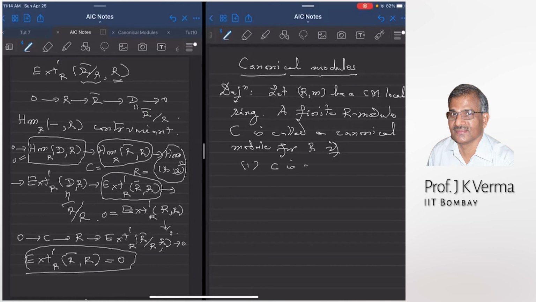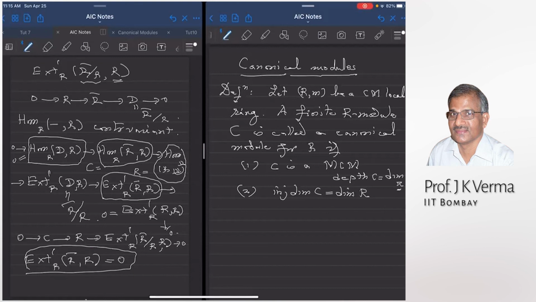C is a maximal Cohen-Macaulay module. That means its depth is the dimension of R. Depth of C is dimension of R, maximum possible. Second, the injective dimension of C is finite, and we know that if it is finite, then it has to be depth of R, and depth of R is dimension of R. So C has finite injective dimension.